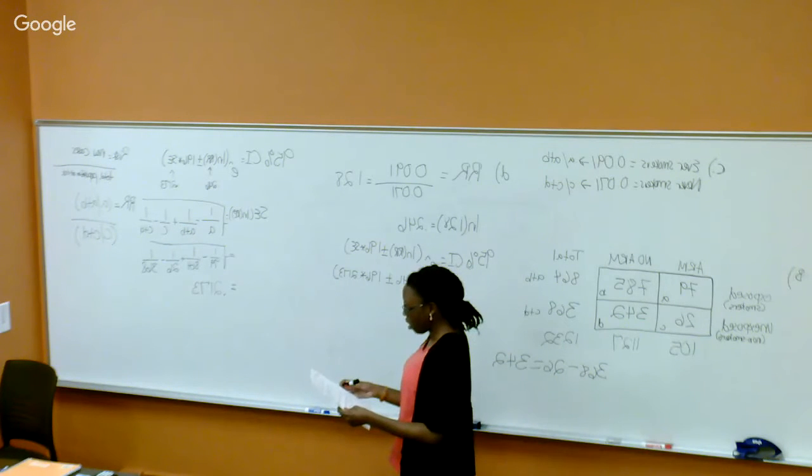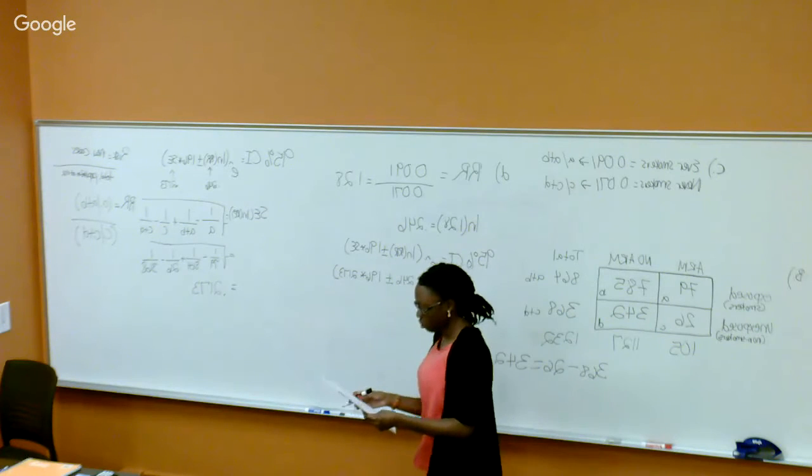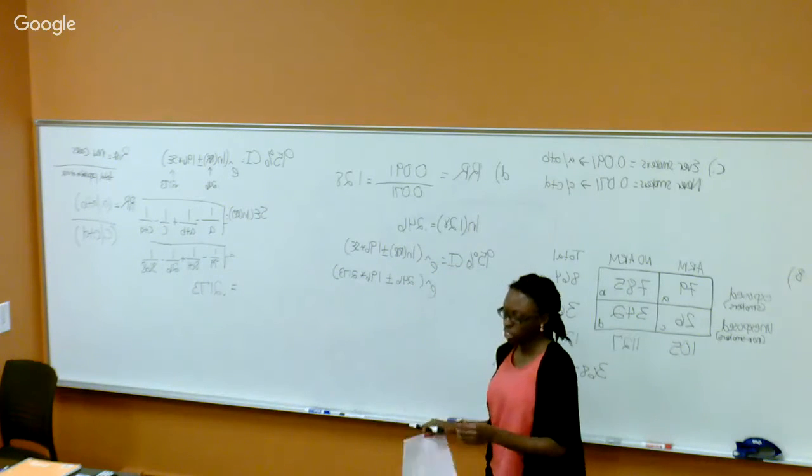We are on part D, calculating the relative risk and then the confidence interval.